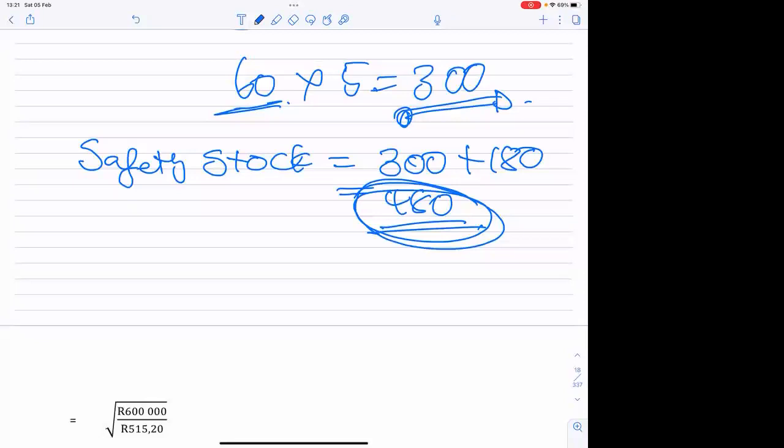Then also on your assignment number 1, there are questions on the economic order quantity that you need to look at. Those who will come back, we'll discuss them in class.